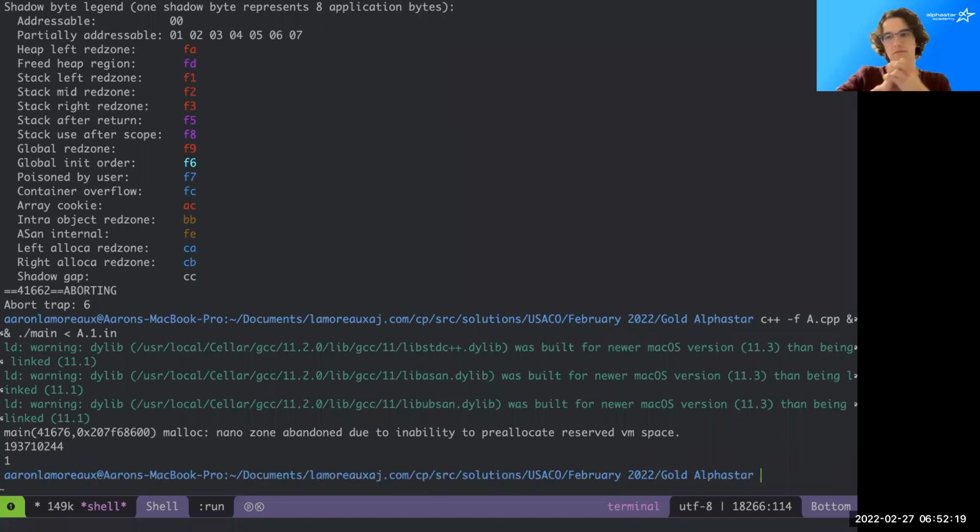So 193 million transitions. You can't really pre-compute that because it wouldn't even fit in memory.